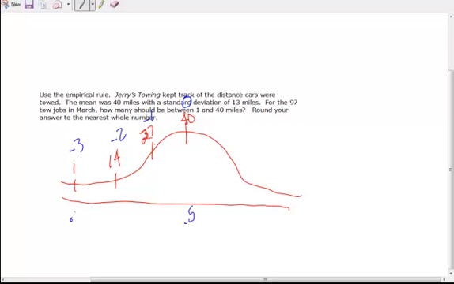Negative 3 is associated with 0. So we want to shade from 1 all the way up to 40. So what proportion is that? Well, we always take the number on the right-hand side, subtract the number on the left, so 0.5 minus 0 is 0.5, so this is 50% or 0.5.